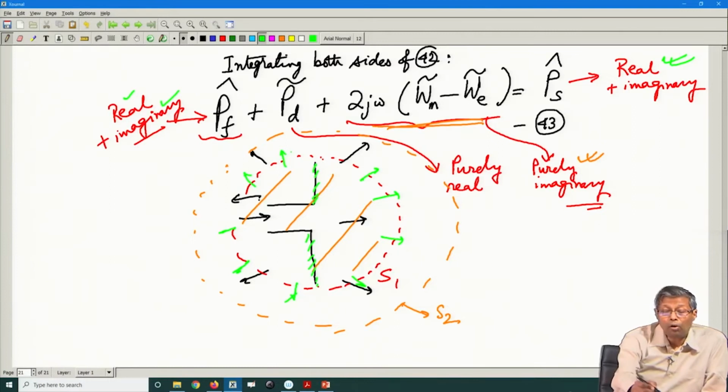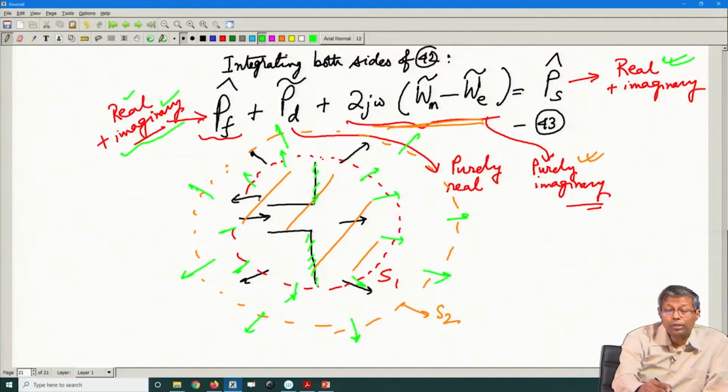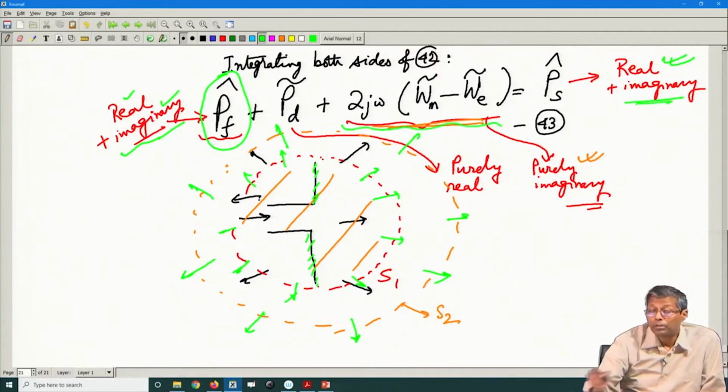The real part of PF cap will be the same as you cross different surfaces, because that is the power radiated. The imaginary part of this term plus this term is going to contribute to the imaginary part of the power supplied.